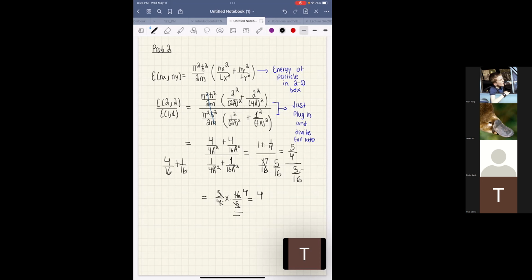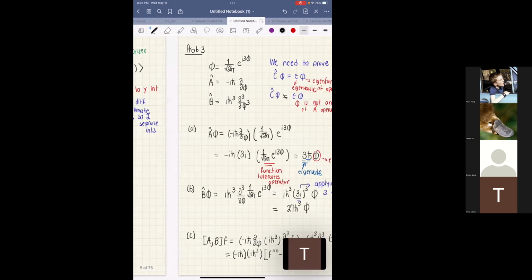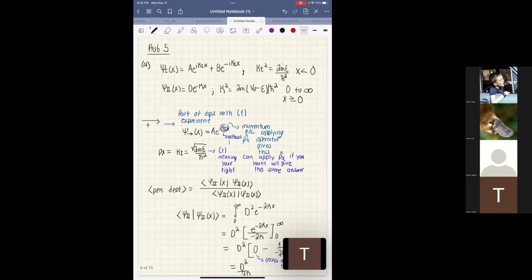You have any other questions? Okay. So the other question was on question 5 of exam 1. It's regarding when we're plugging in negative infinity and 0, for the first part, the d squared e to the negative 2kx.